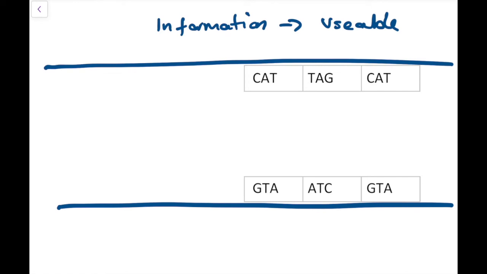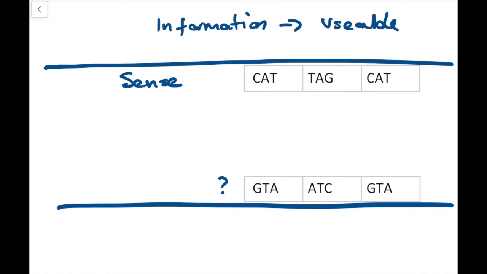It's the top one. So we've got CAT, TAG, CAT. It makes some sense, we can read it. But the other side, GTA, ATC, GTA, that doesn't make any sense. So there's one strand which makes sense. It's got some kind of language in there. And this we call the sense strand.